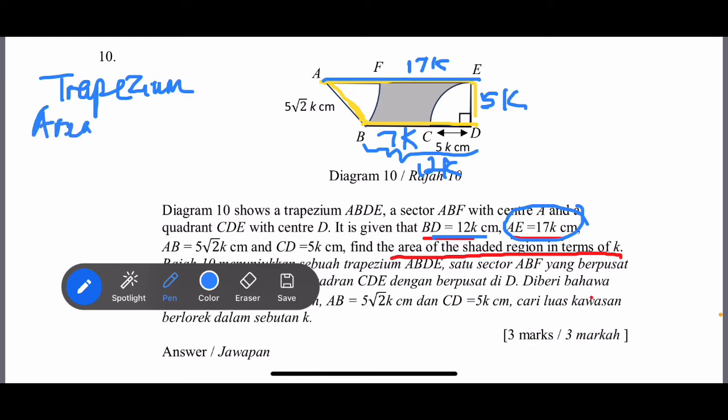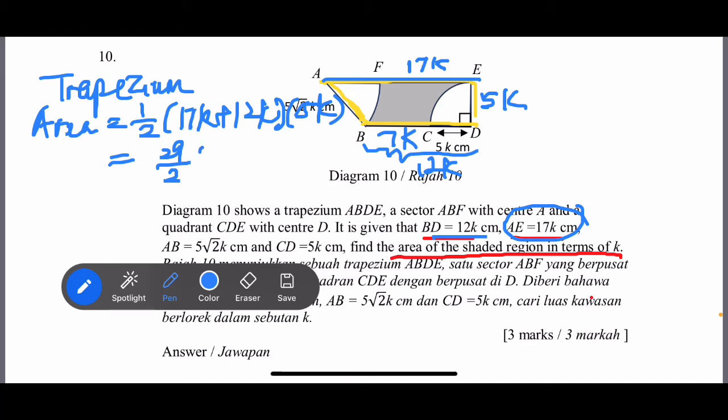So area is equal to 1 over 2 times 17k plus 12k, and then times the 5k, right? This is the area for the trapezium. So if you simplify, you will get 29 over 2 k, and then times with the 5k. So you have to press your calculator to get the answer, right?